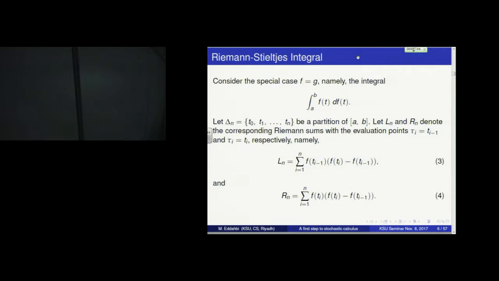We are going to define some quantities, L_n, this means left, and R_n, this one is right. This means that I evaluate the function f at the left-hand side of the interval, and here at the right-hand side of the interval. So tau_i here is equal to t_{i-1} for one, and the other is t_i. Very elementary.